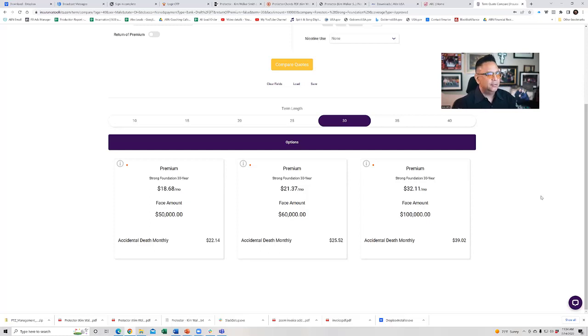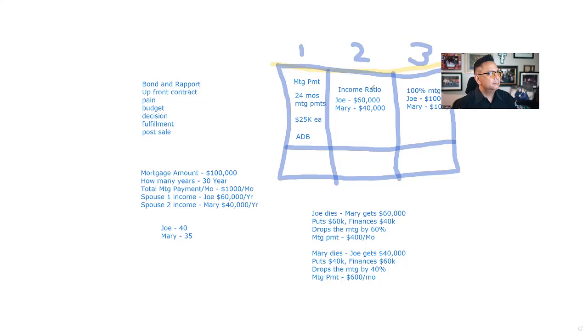So when you have these three scenarios, option 3, $89.77. Option 2, $58 and 7.